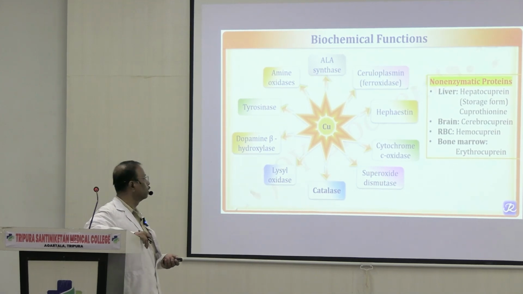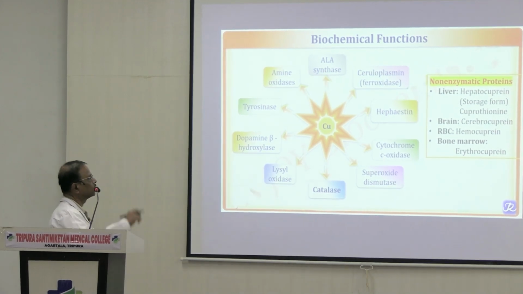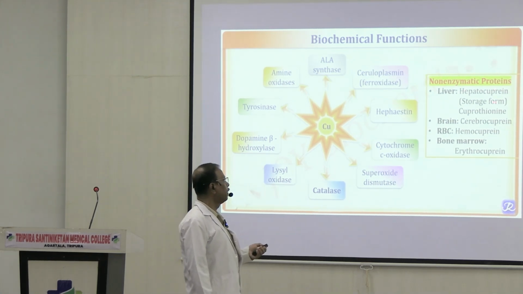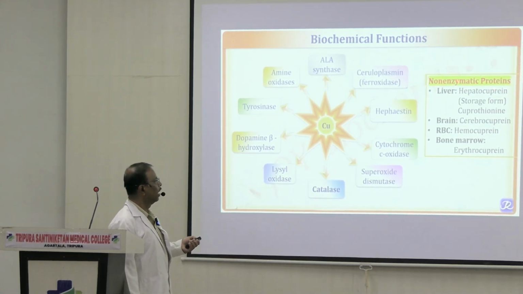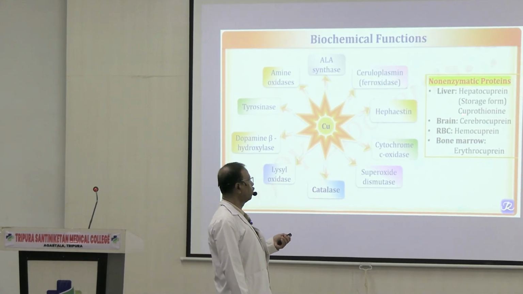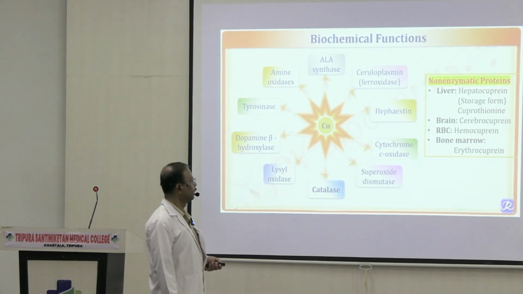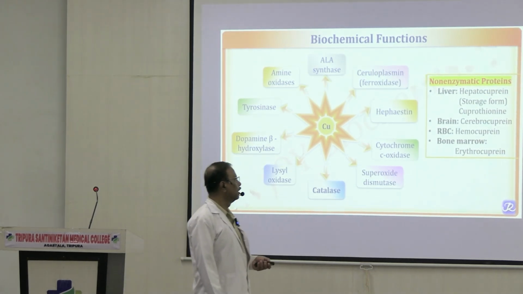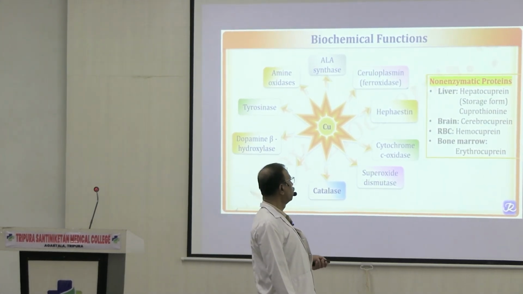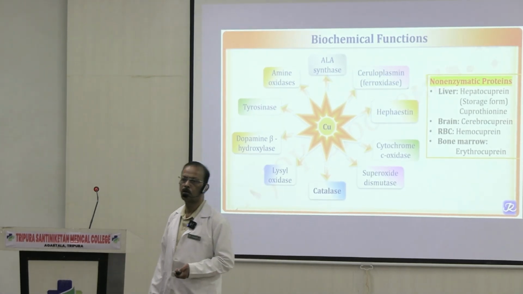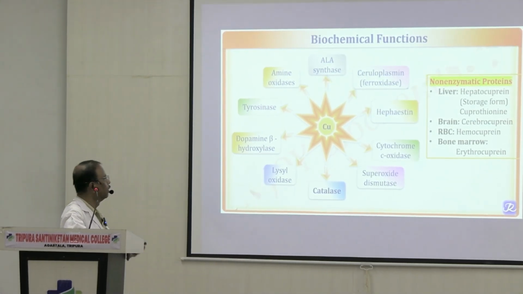There are some non-enzymatic proteins. In liver it is hepatocuprein, thought to be the storage form of copper thionein. In brain, cerebrocuprein; in RBC, hemocuprein; in bone marrow, erythrocuprein. Their specific function is not yet known.